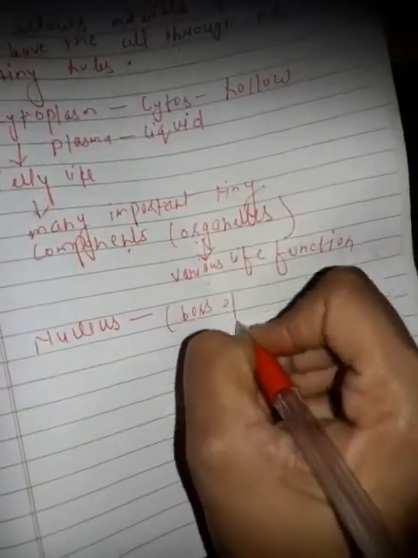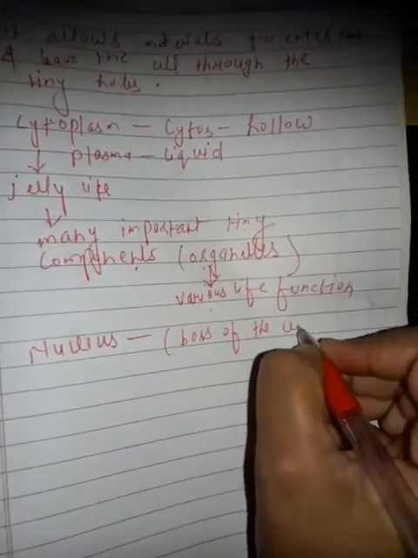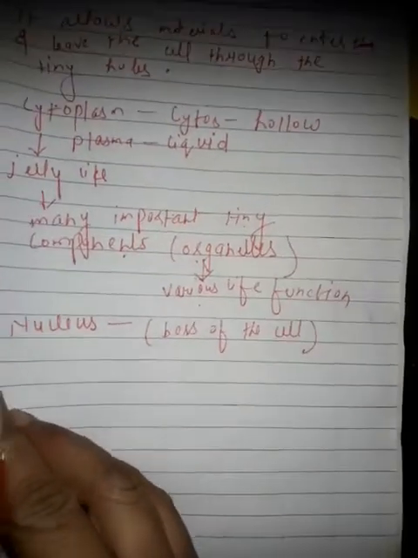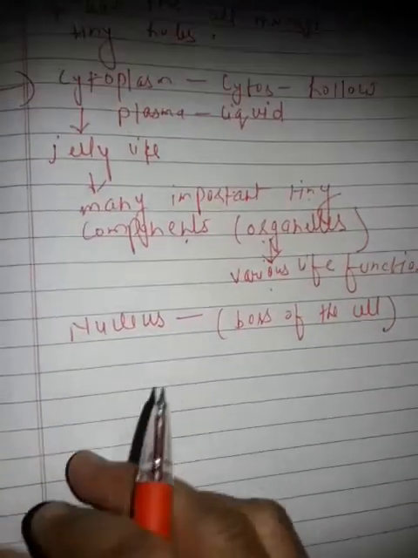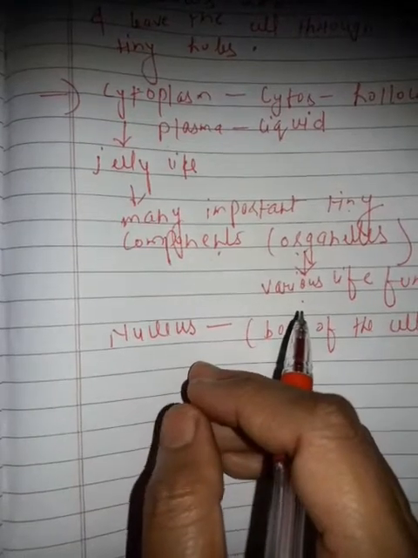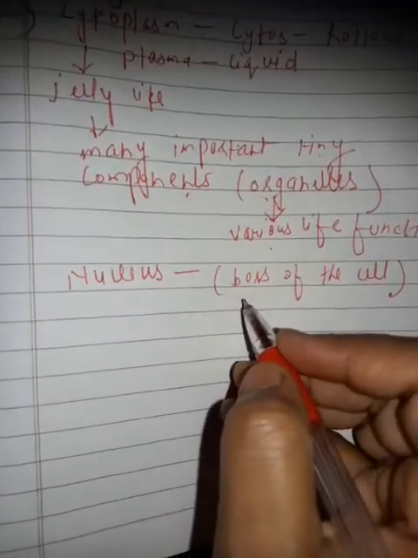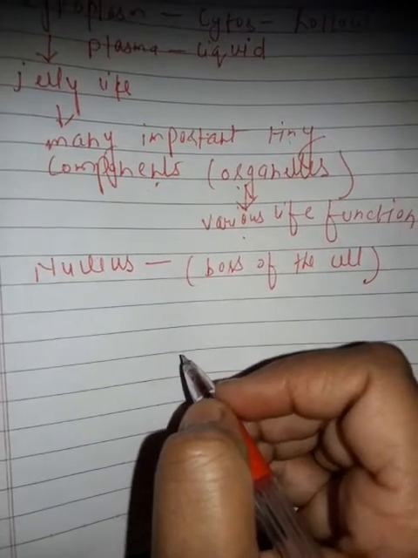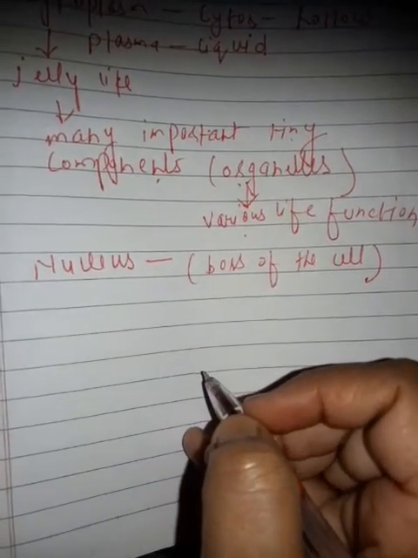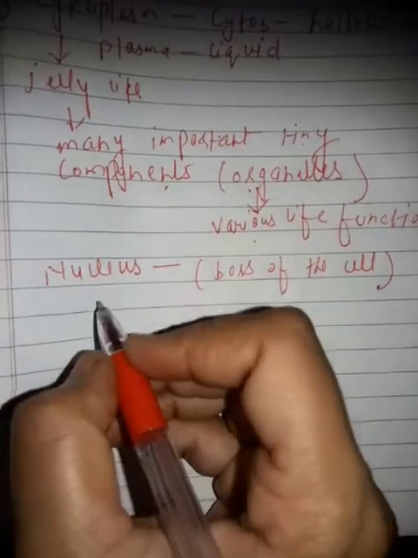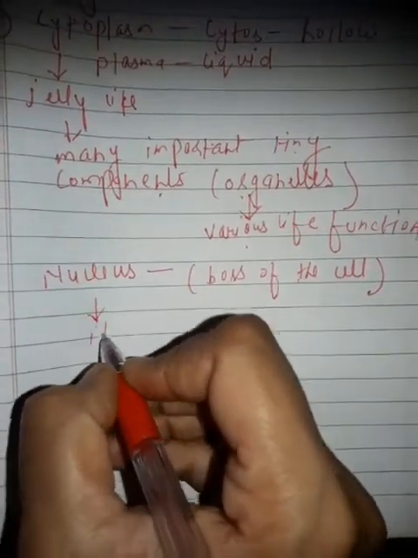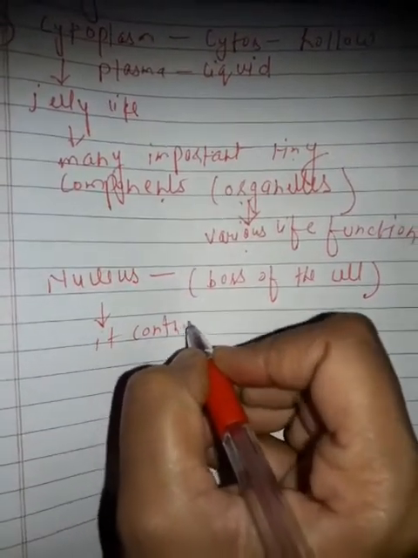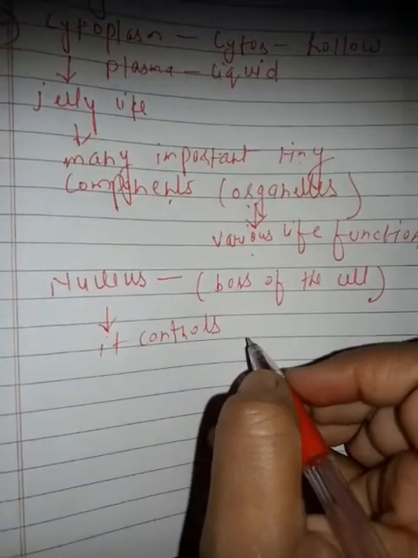Just like your school principal controls everything taking place in the school, the nucleus also controls everything that happens in the cell.